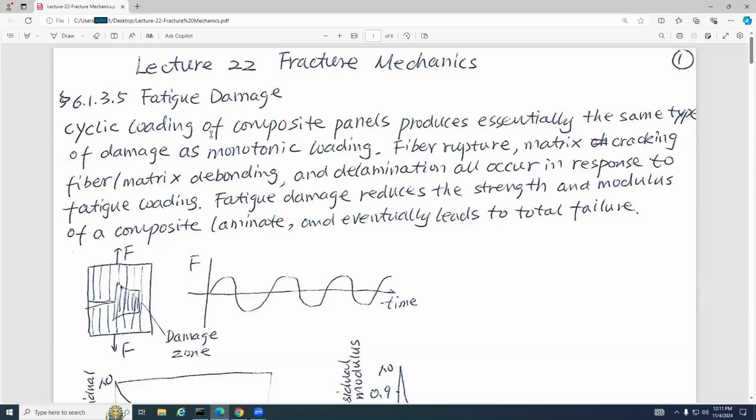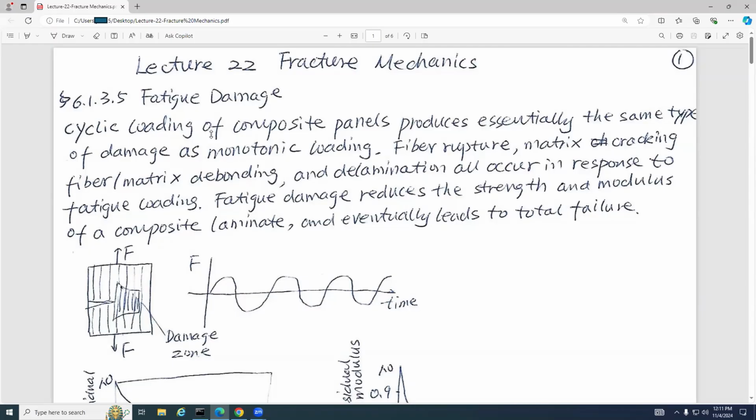The fibers are supposed to be lying in this matrix, but as the time goes and with this cyclic loading, the fiber and matrix debond from each other. And then delamination. All these are commonly seen failure mechanisms, and all of these can occur in response to the fatigue loading.